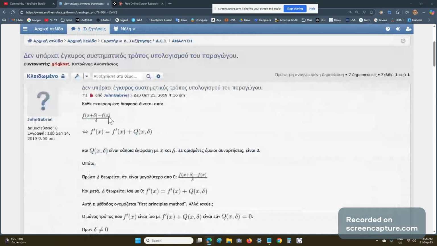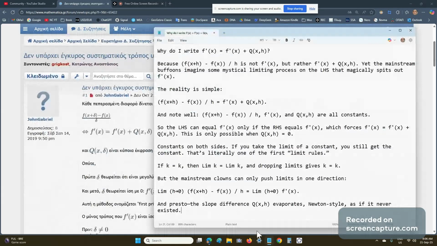I said that this here implies that f prime of x is equal to f prime of x plus q of x comma delta. So let's look at why I wrote that and figure out why it's actually true.